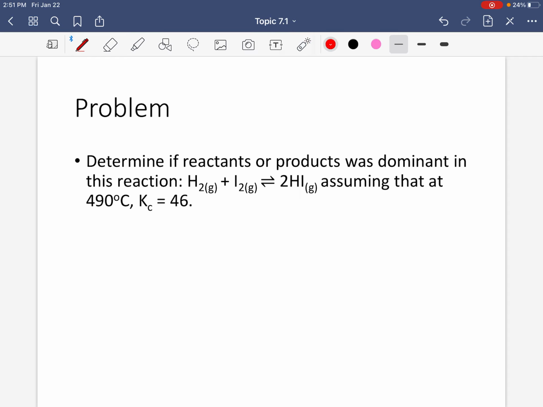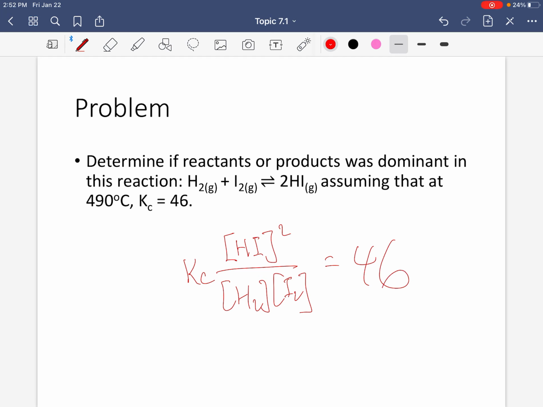So let's take a look. Let's do the Kc expression. The Kc expression here is this. You don't really need to do this. I mean, it's pretty obvious what the answer is going to be. It's 46. 46 means the numerator must be bigger than the denominator to get 46.